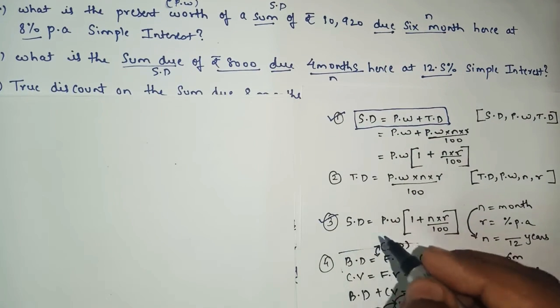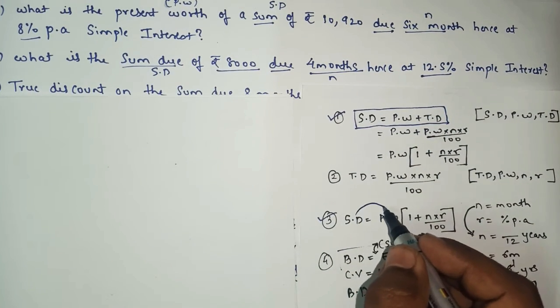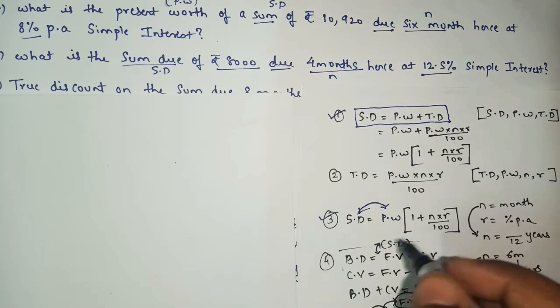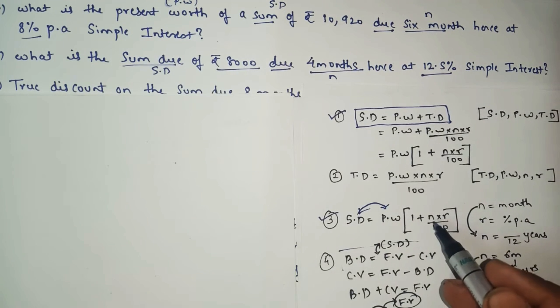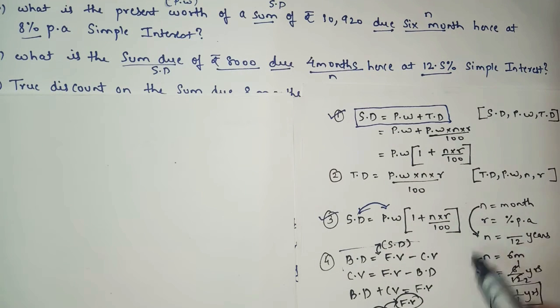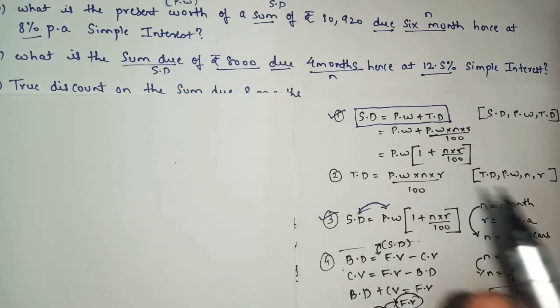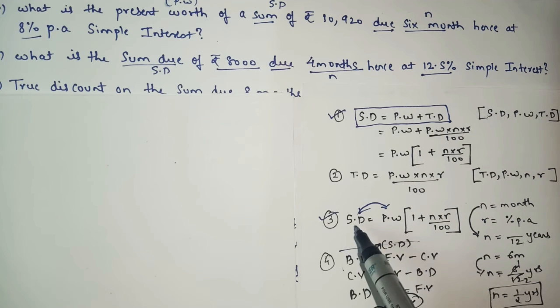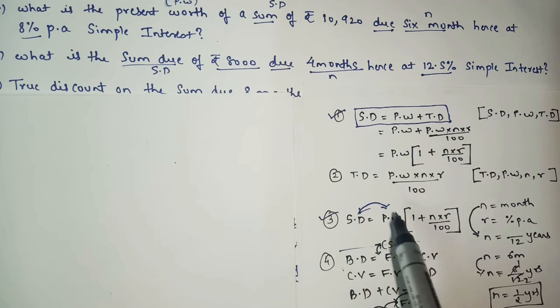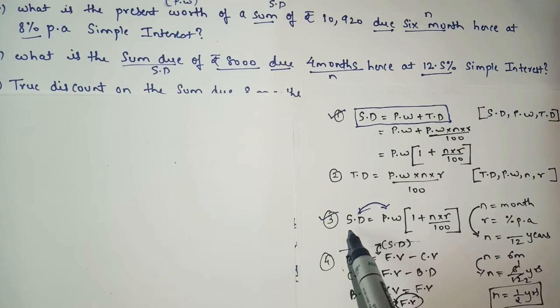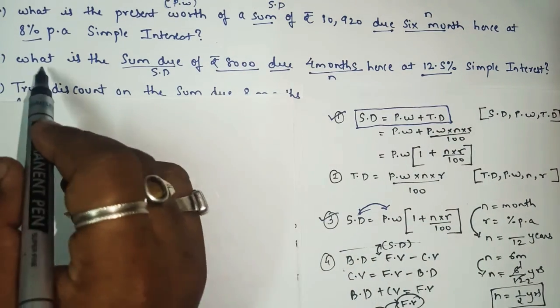Now remember when you apply this formula, ST and PW are in rupees, N will be in years, R will be in percentage, and it is common sense. Out of these two values, if SD is given, then you have to find PW. Suppose PW is given, so of course we have to find SG. So here we have to find SG.